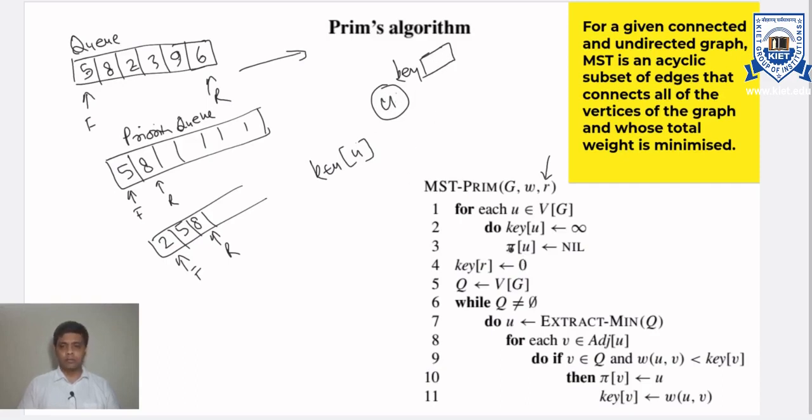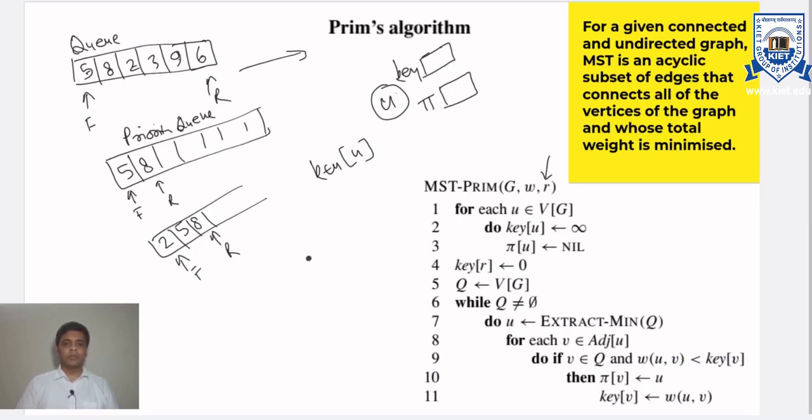Now the next one is pi of U. Again, pi is another attribute of U, and this value is a label of another node. It tells from where you come to U when we are creating our MST.